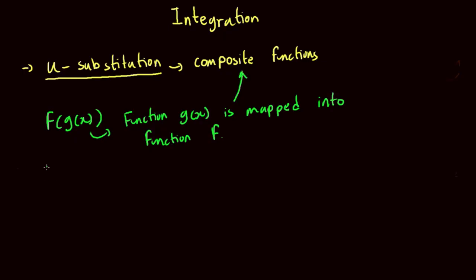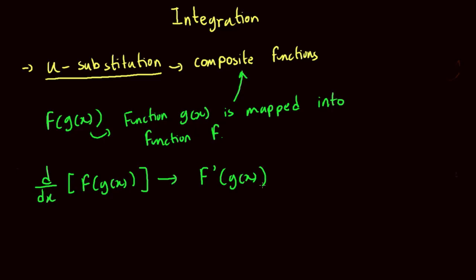Okay, so when we take the derivative of a composite function, in this case our f(g(x)), what we end up having is a derivative of f, f'(g(x)), multiplied with the derivative of g(x), okay.